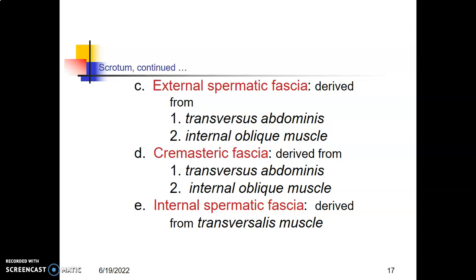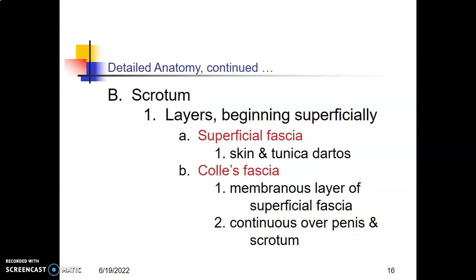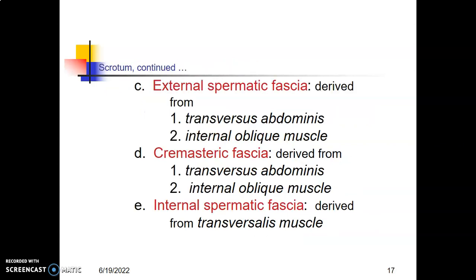So we have the following coverings in the scrotum. We've discussed the skin, and before you go to Colles fascia, and after that you have the external spermatic fascia. This external spermatic fascia is actually a continuation from the external oblique abdominis muscle. It's from the external oblique abdominis muscle only.